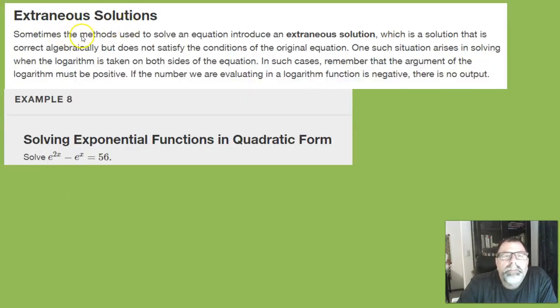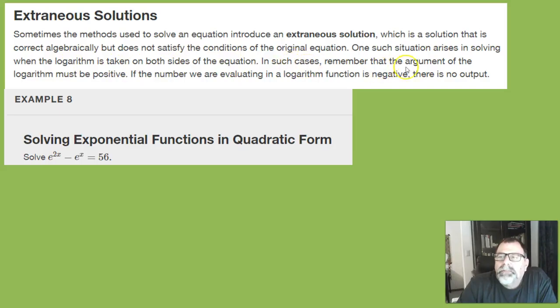Extraneous solutions. Sometimes the methods used to solve an equation introduce an extraneous solution, which is a solution that is correct algebraically but does not satisfy the conditions of the original equation. One such situation arises in solving when the logarithm is taken on both sides of the equation.